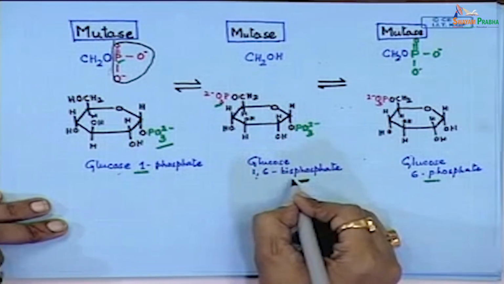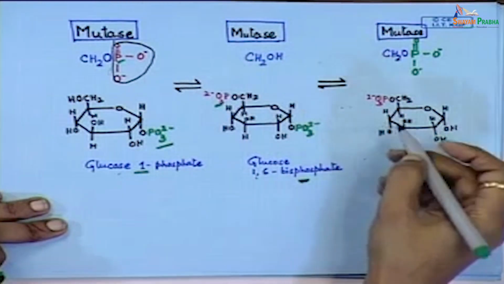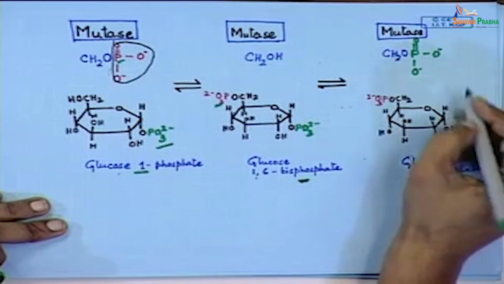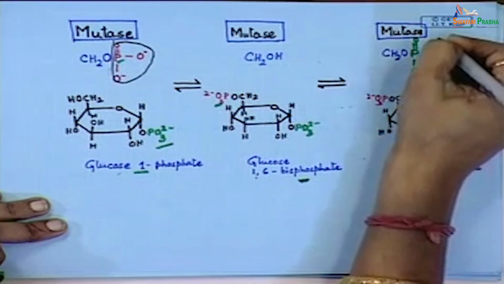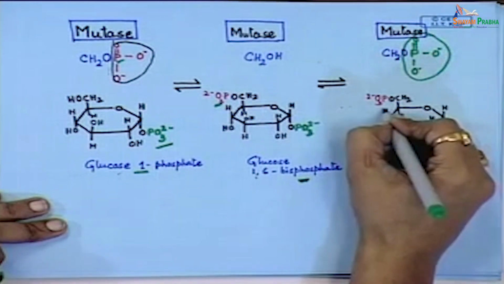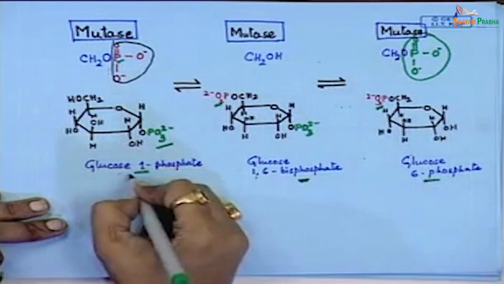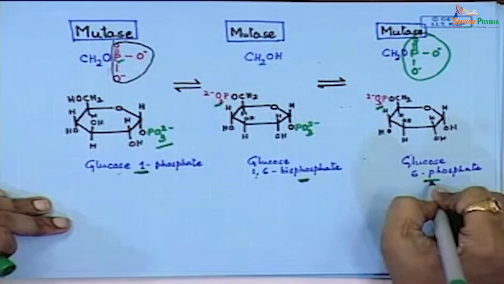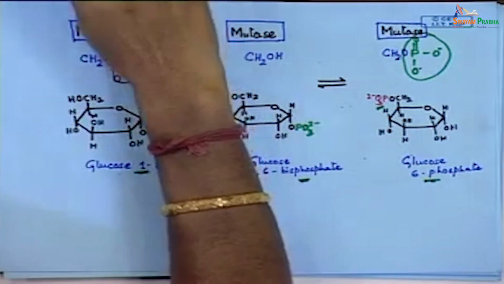This particular product is very unstable, and immediately the mutase enzyme takes up the phosphate group from the first carbon and takes it back to itself, donating the phosphate to the 6-position, so glucose 1-phosphate becomes glucose 6-phosphate. So, this is the reaction which is going on inside the cell.